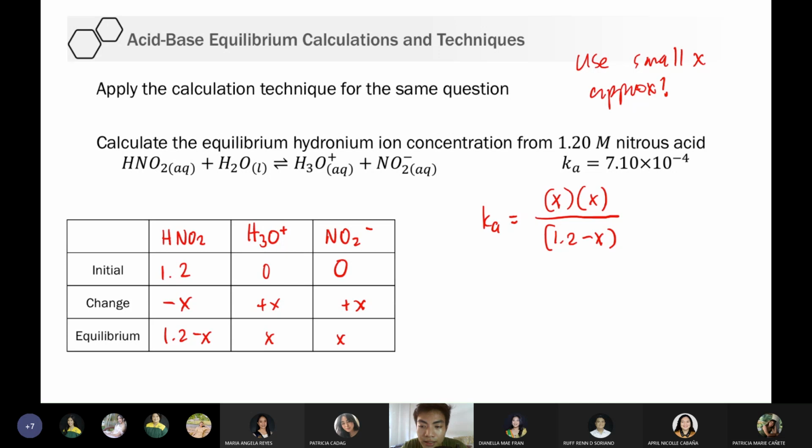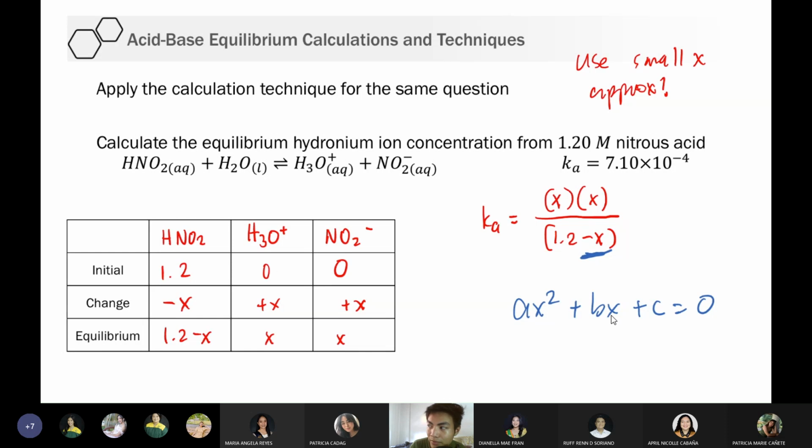Ganito. Sa equation na to, sino yung dahilan bakit nagwa-quadratic equation tayo? Okay, ito yung itsura ng quadratic equation. Sino yung may kasalanan bakit tayo naghihirap sa quadratic equation? Yung x sa denominator. Yan yung may kasalanan. Bakit? Kasi ito x squared to eh. Ito yon.